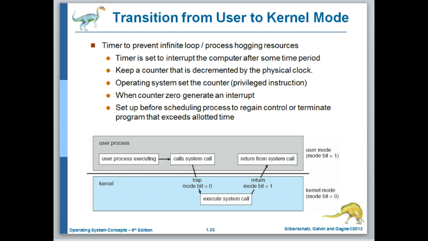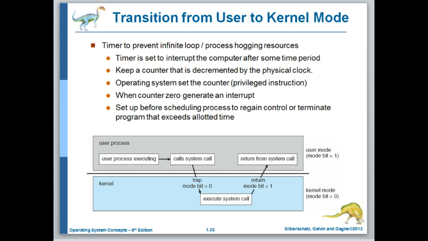All right, so this illustrates the process. We have a user process running along. Let's say it wants to do a disk read. So it informs the operating system of that via a system call. That system call transitions the CPU into kernel mode. The syscall handler is executed.